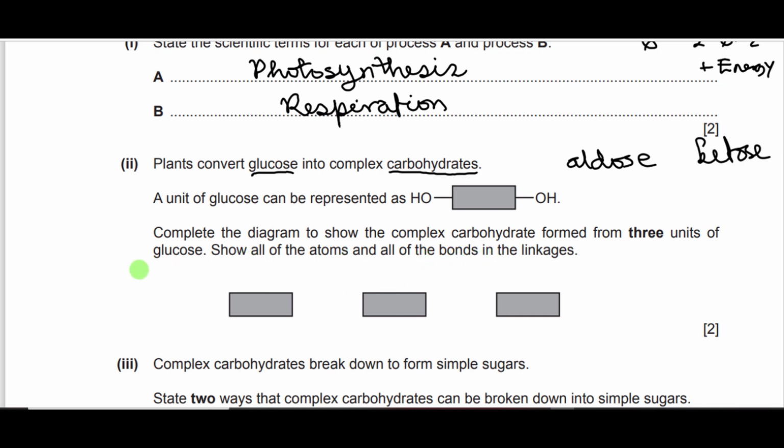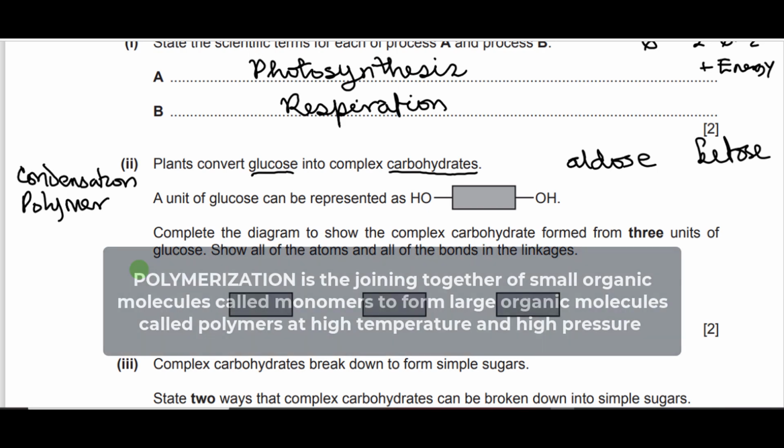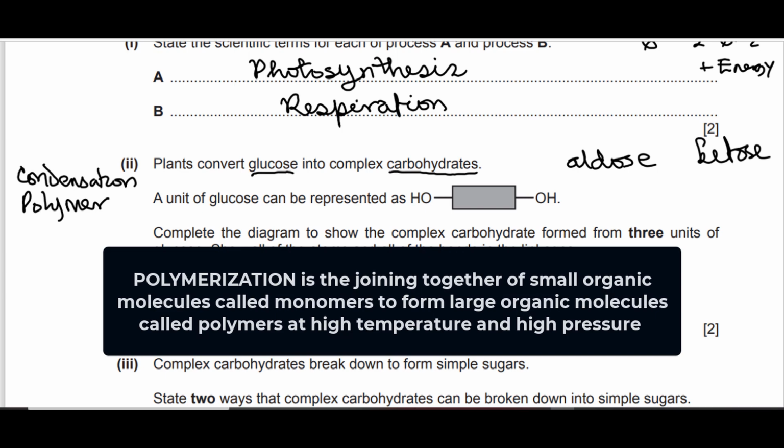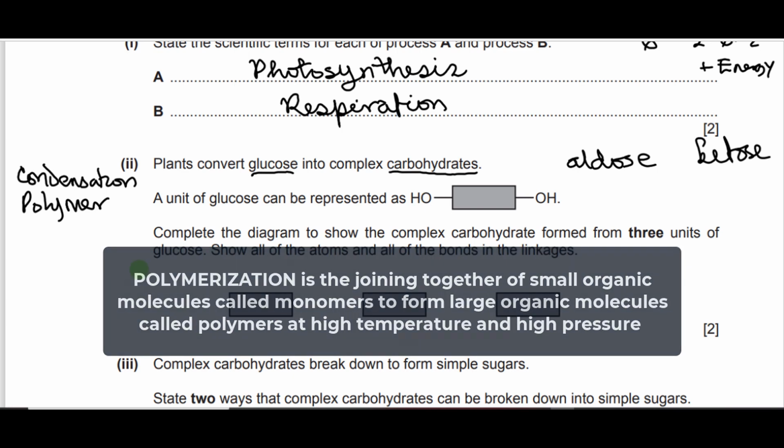Now, carbohydrate is what we call a condensation polymer. And what is condensation polymerization? What is polymerization in the first place? Polymerization is the joining together of small organic molecules called monomers to form large organic molecules called polymers, in the presence of high temperature and high pressure.